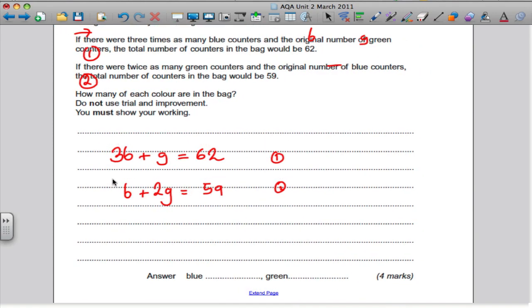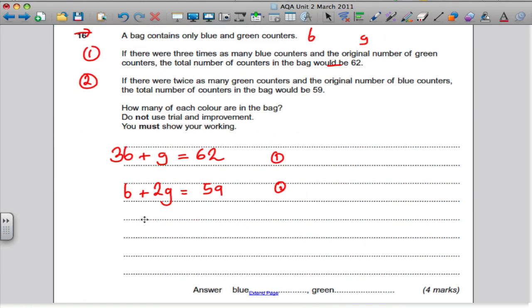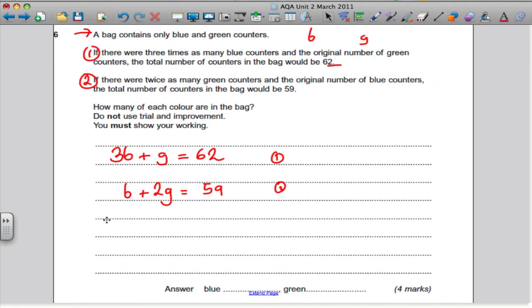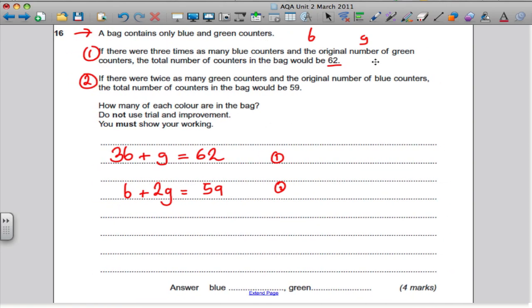Okay, let's try and solve these. We've got ourselves 2 simultaneous equations, and we're going to try and find how many blues and how many greens without guessing. It says without using trial and improvement. So, what we could do, why don't we multiply this whole equation by 2?